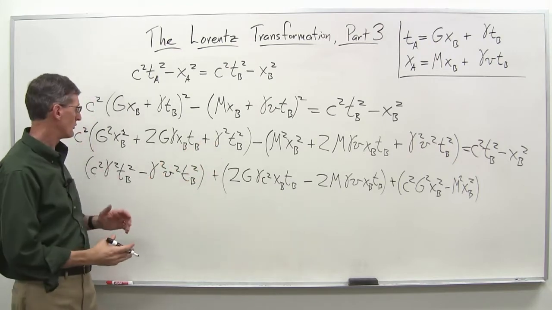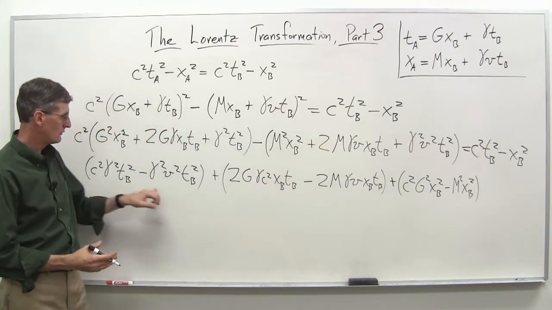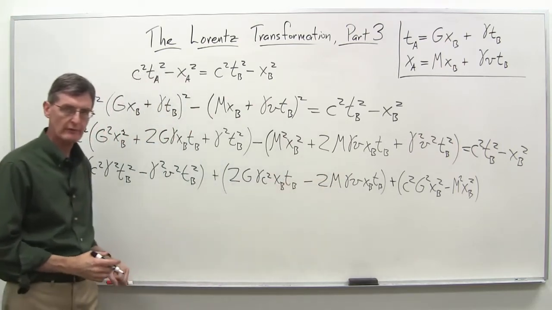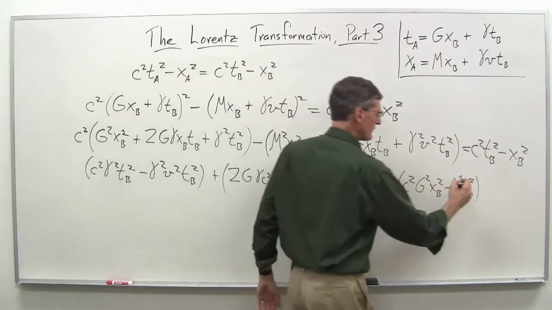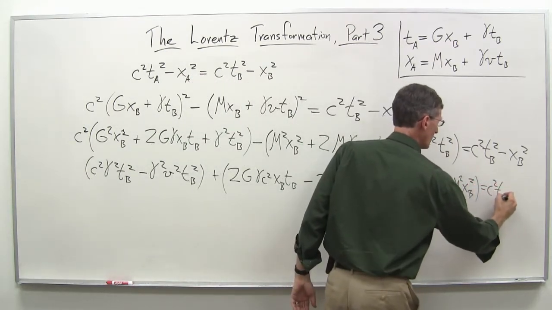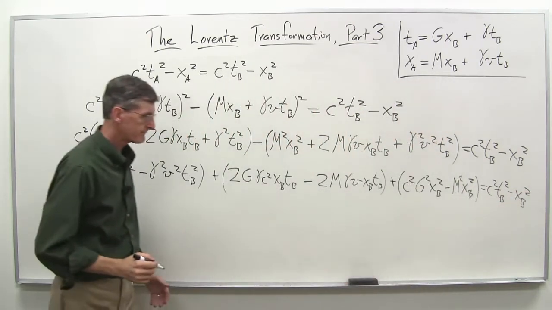And I think we got all the terms there. We got 1, 2, 3, 4, 5, 6 terms total. So it looks like we got them all there. Hopefully we didn't make any silly mistakes there. And then still over on this side, I've got c squared tb squared minus xb squared.